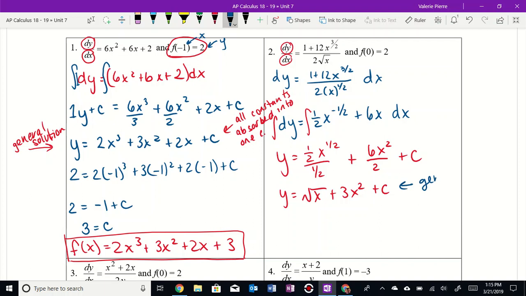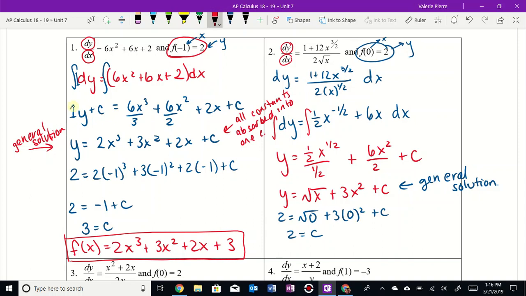And here's our general solution. We have y equals and then a simplified function. Now we're going to apply our initial condition. So 0 is our x, 2 is our y. So 2 equals square root of 0 plus 3 times 0 squared plus c. So 2 equals c. So our final equation is f of x equals square root of x plus 3x squared plus 2.